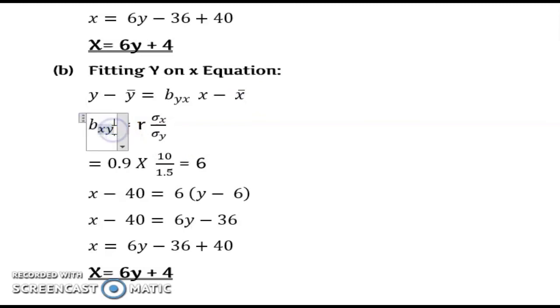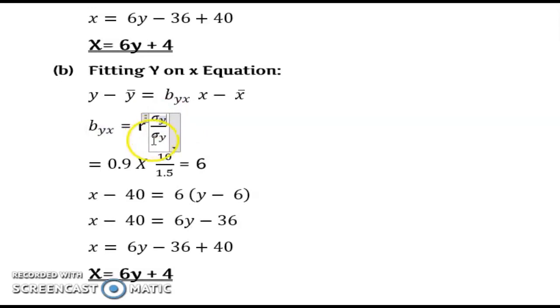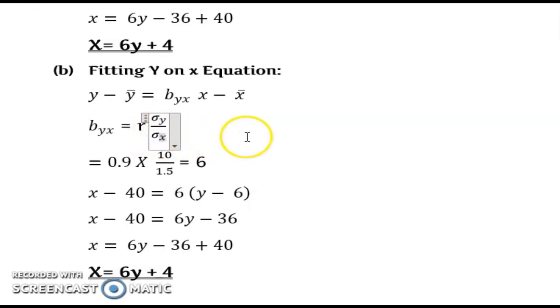So let's do that. b of yx is equal to r into, r remains same, r into standard deviation of x, previously we have used. Since we are finding the y on x equation, y will become the numerator, x will be the denominator. Standard deviation of y divided by standard deviation of x. Standard deviation of y is 1.5 and standard deviation of x is 10, right?